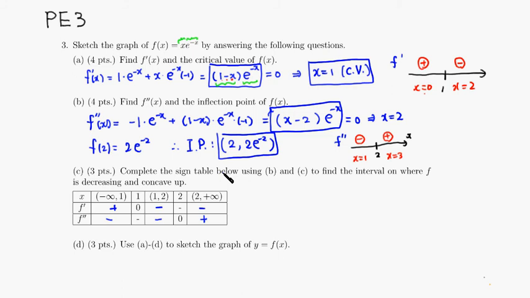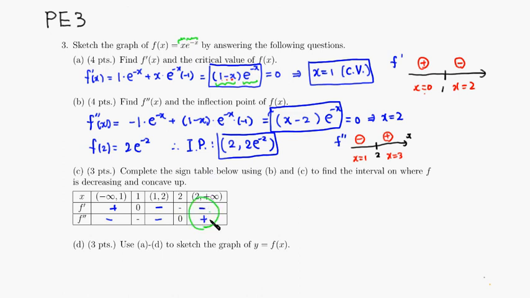Next, find the interval on which f is decreasing and concave up. We're looking for f decreasing, which means the first derivative is negative, and at the same time concave up. You can see that this is the only interval here.